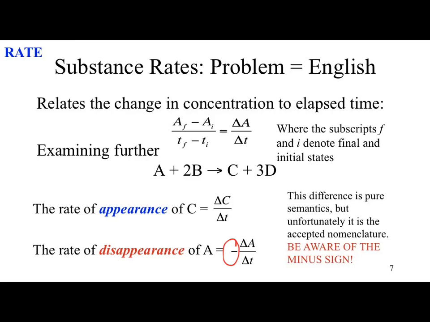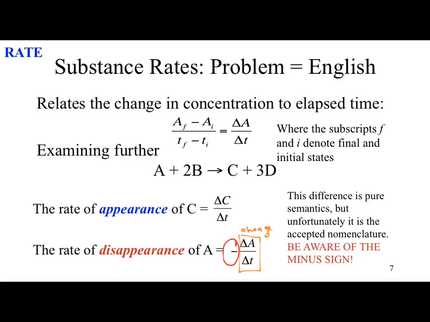Should my rate of disappearance of A be positive or negative now? Should be positive. The rate of change was this guy. That value was negative. If I want a number that's positive, how can I change a negative value to a positive?